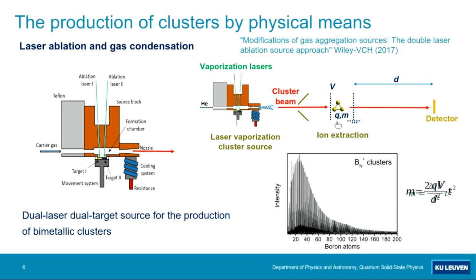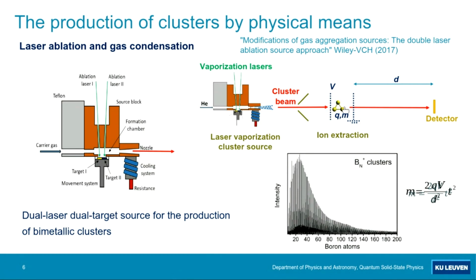So if we have particles of different masses, they will all feel the same acceleration here, the same potential difference. But if they have different masses, they will get different accelerations, and because of that, different velocities.